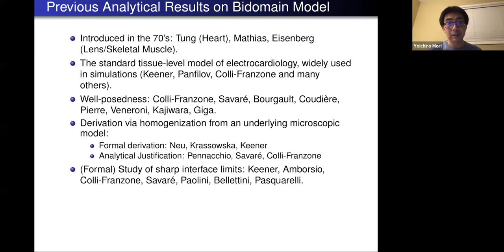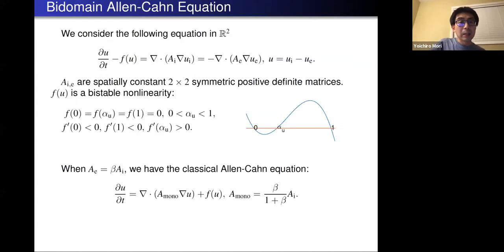The bidomain model can also be derived from a homogenization argument using an underlying microscopic model, and there has been some work in that direction as well. There also has been some interesting work on sharp interface limits, but as you can see, there has been important analytical work, but what we want to do here is to try to understand some of the more qualitative behaviors of the solutions.